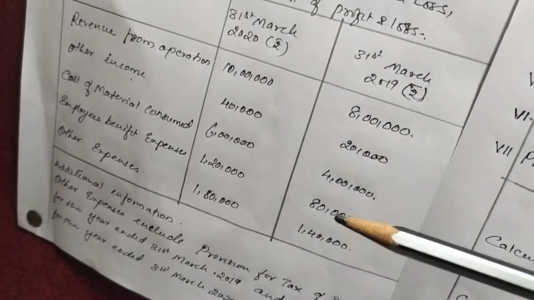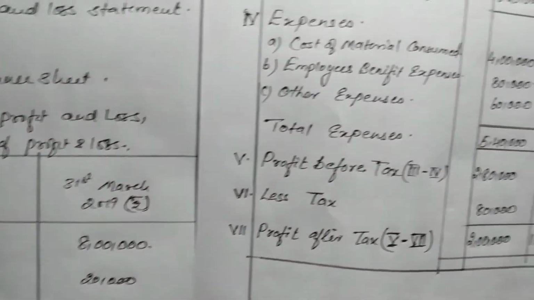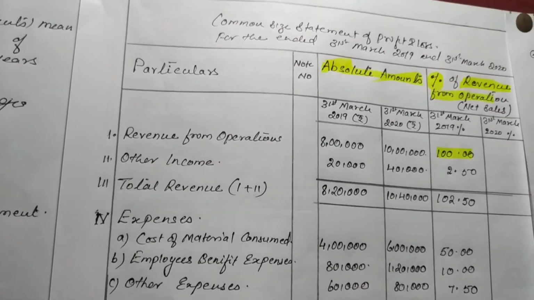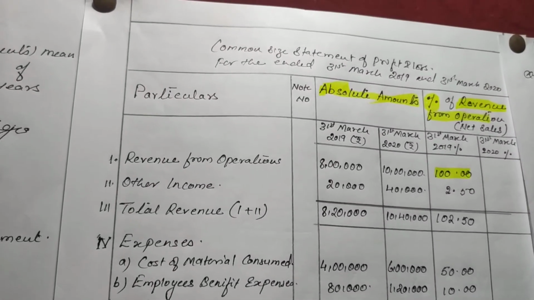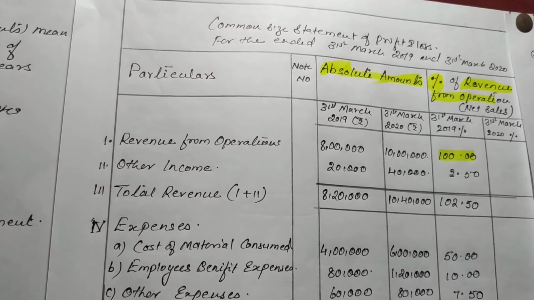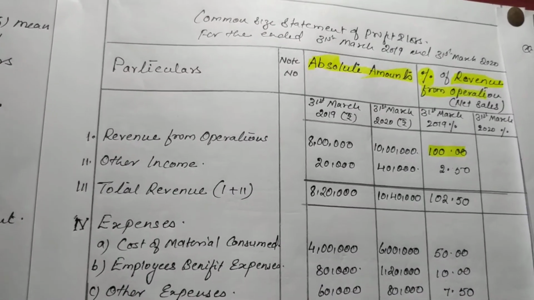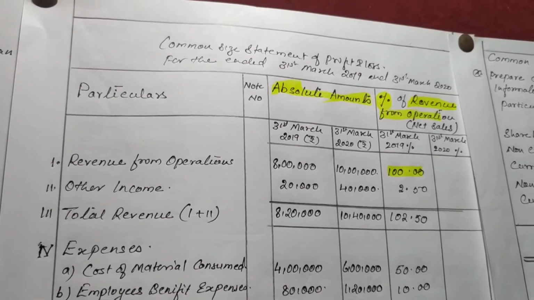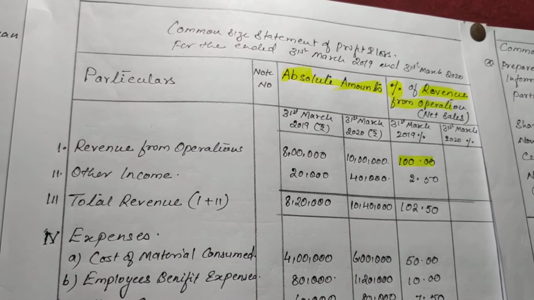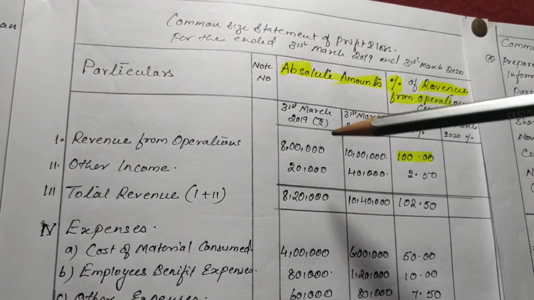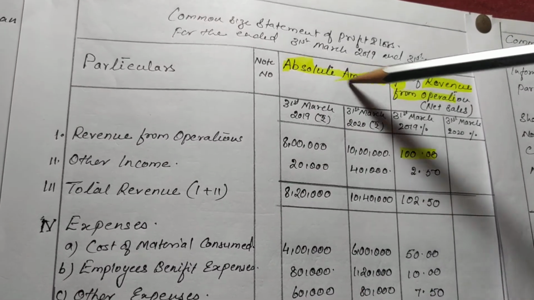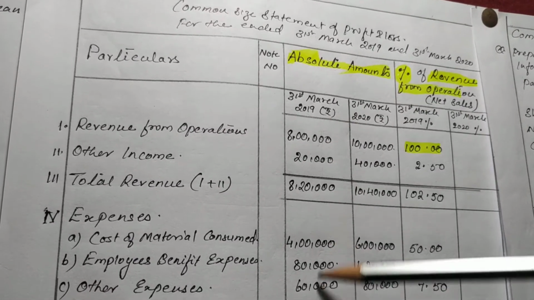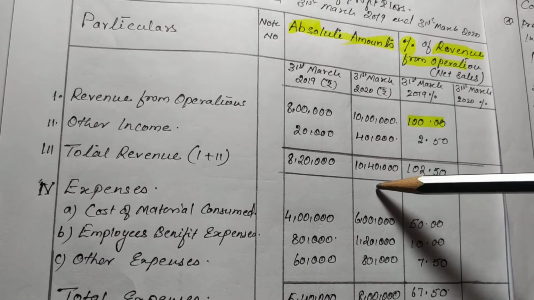Now we'll solve the problem. How to solve it? First and foremost thing is that you will make the format. What are your columns for the common size statement? Your columns are particulars, note number, absolute amount. In absolute amount, first you will write previous year figure, then you will write your current year figure.